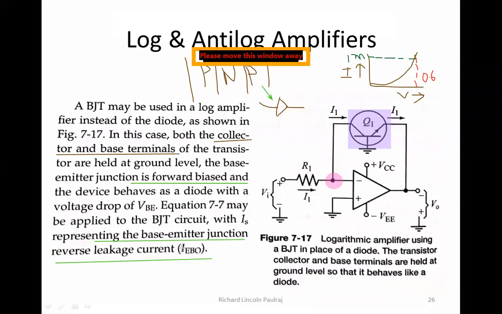So in this way, we can replace the diode and utilize a BJT and make it function like a diode. Once it functions like a diode, I can make sure this waveform is met. So I'm going to get a logarithmic waveform, right?